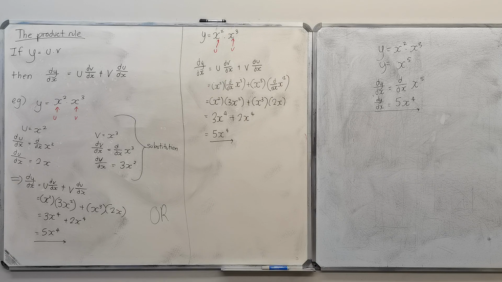Do that. When you're comfortable with that and you understand, the main thing I need you to understand from this whole thing is these notations and what they mean. The derivative of y with respect to x. So if y is equal to x squared, it's the derivative of x squared with respect to x.